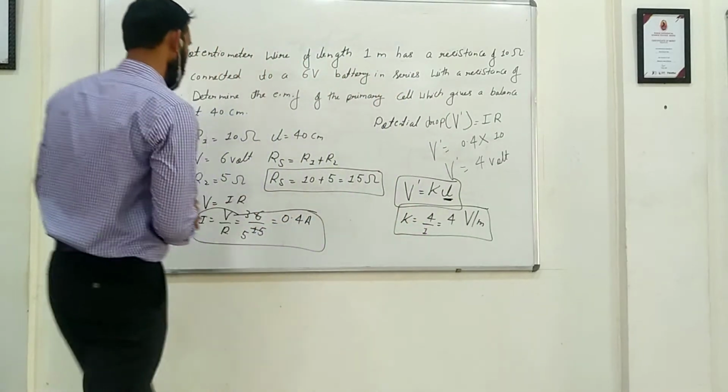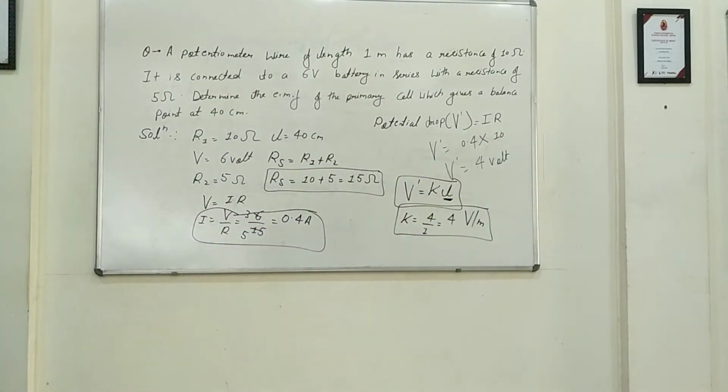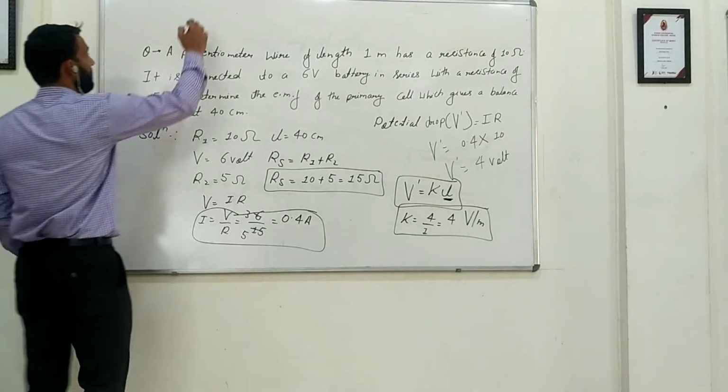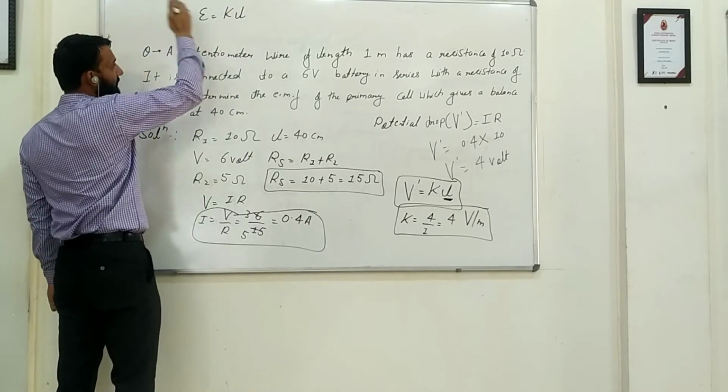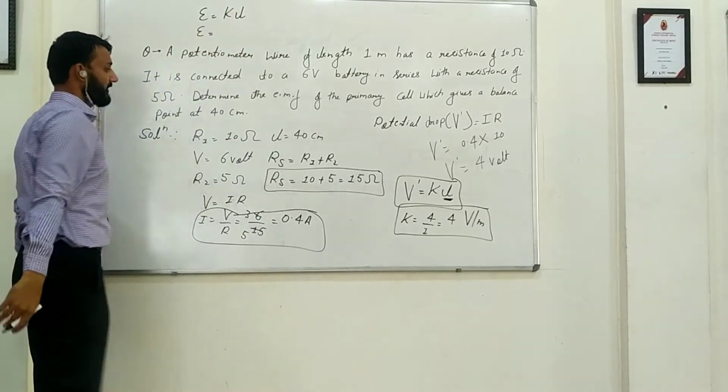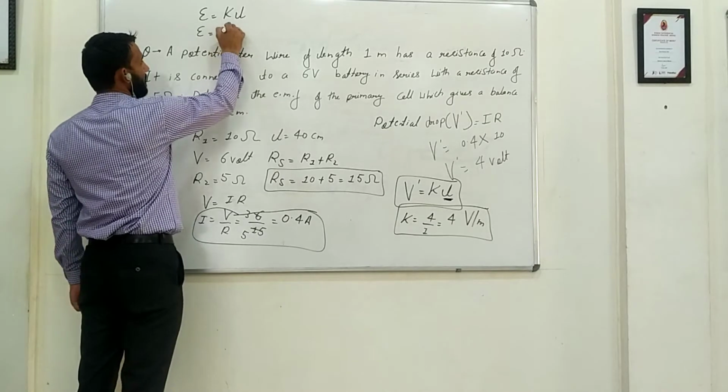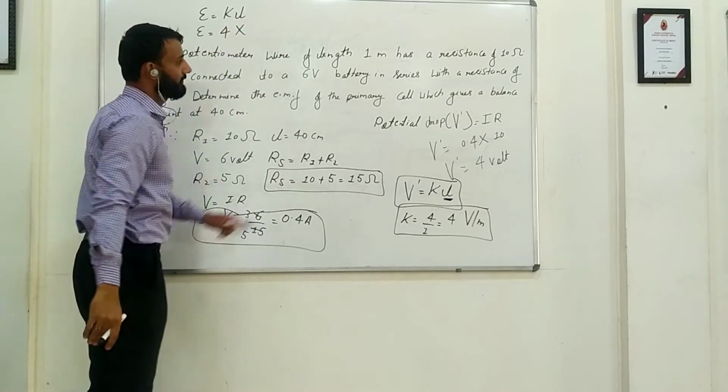K we have got. Now we will use this K and we will try to calculate the EMF. EMF will be equal to K into L. E we have to calculate. K is 4, into what is the length?